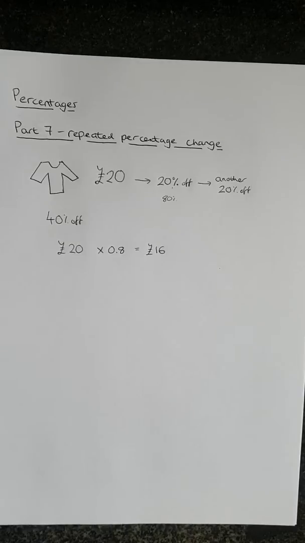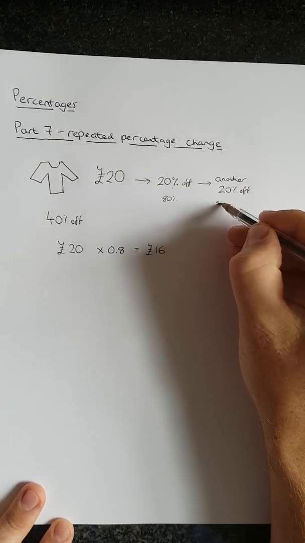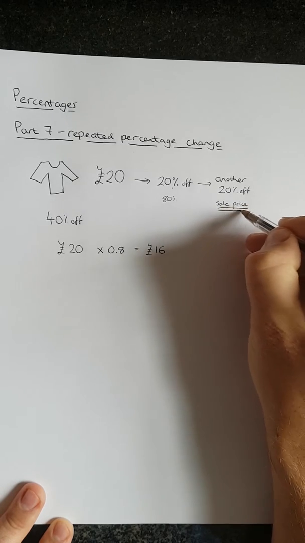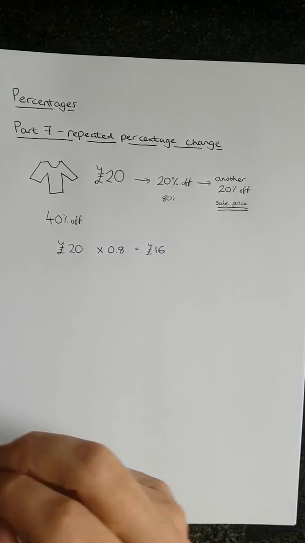Now, that was the sale price, and then someone took 20% off the sale price. And this is where the wording becomes crucial. It's 20% off the sale price, not 20% off the original price.